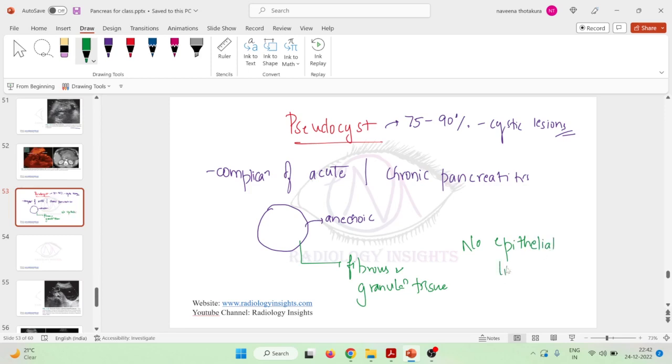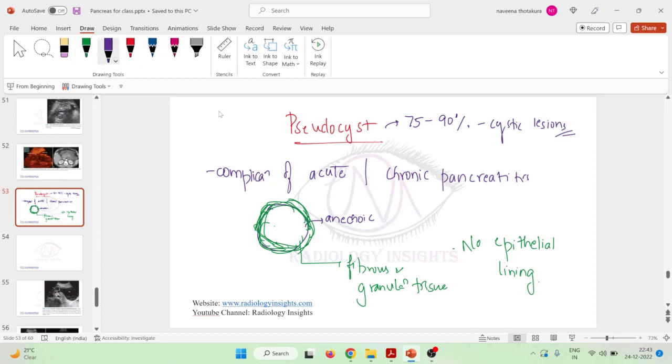Most cystic conditions will have an epithelial lining, but the pseudocyst does not. What it has is just fibrous and granulation tissue in its wall, but there is no epithelial lining.